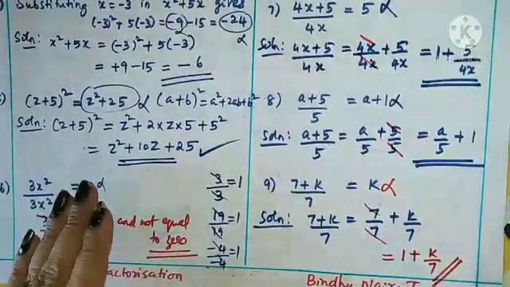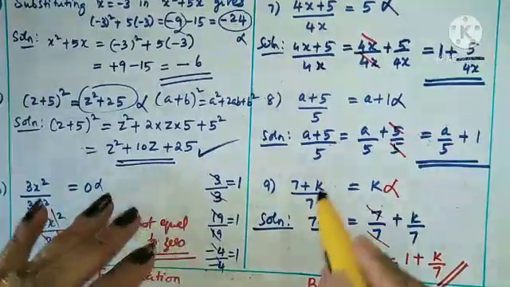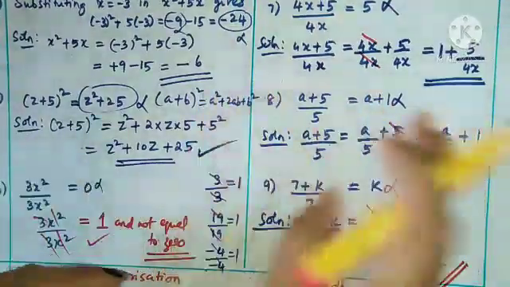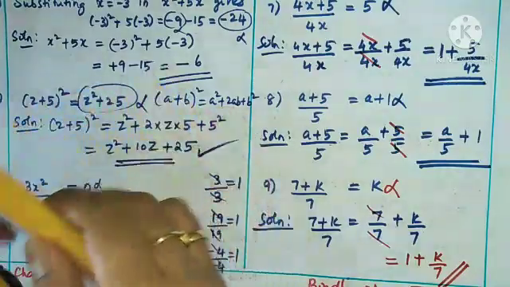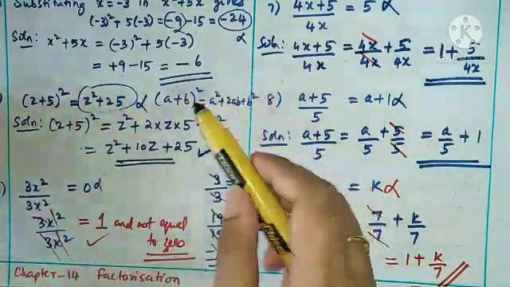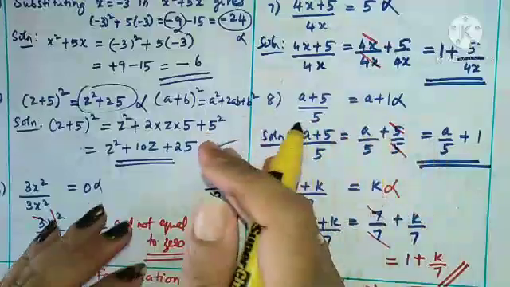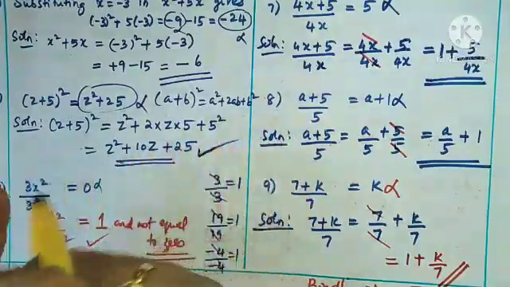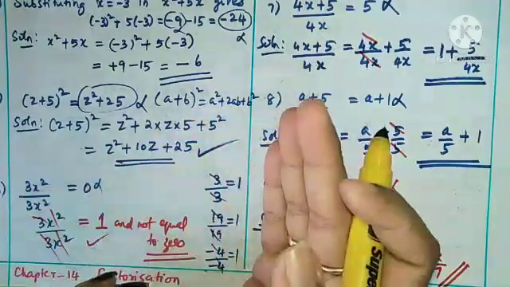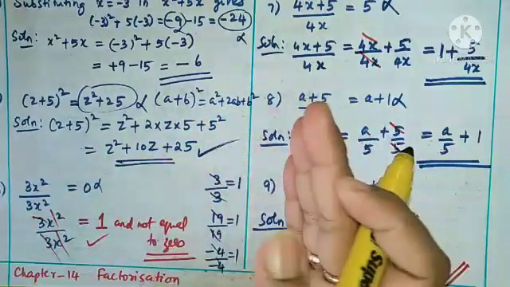You want to verify whether the answer came correct or not. So all of you want to complete the remaining exercise problems and understand all the concepts of this lesson very clearly. Factorization is a very important chapter. It will continue in your 9th standard and even 10th standard also.